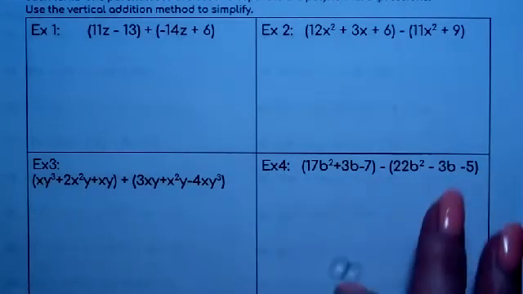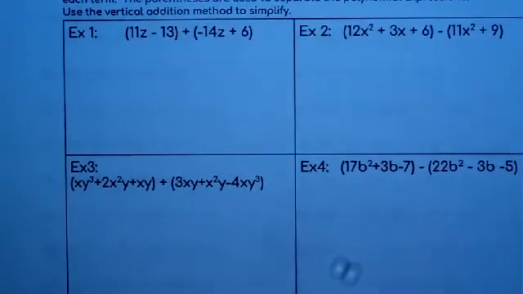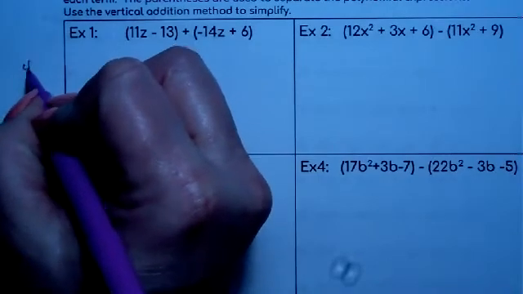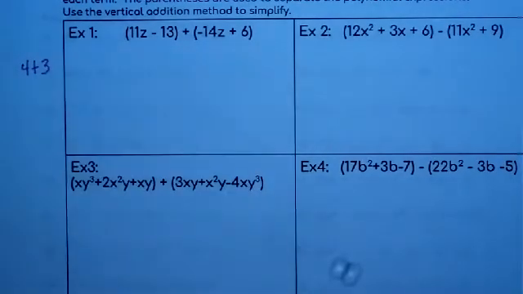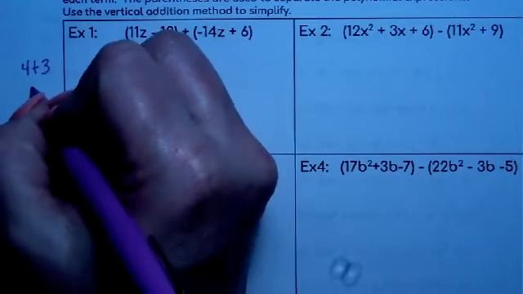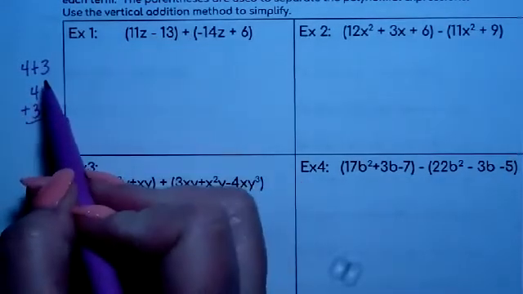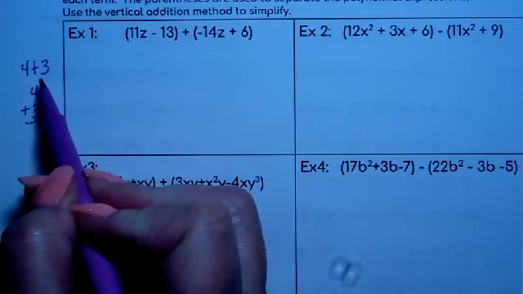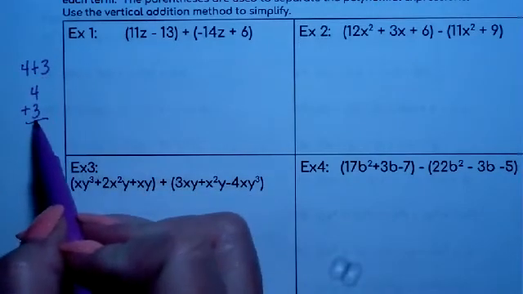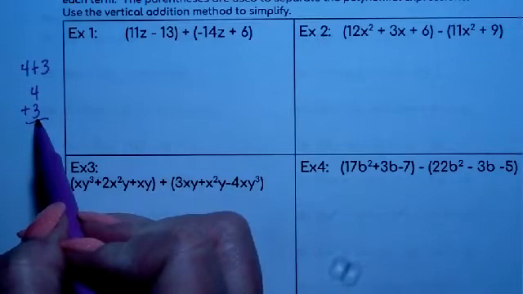Okay, now just scribble right out here on the side. When you were in elementary school, you were taught you could write something like 4 plus 3, but you could also write it this way, 4 plus 3. This first way I wrote it is considered the horizontal method. This is the vertical method. Okay, this is the method we are going to use.